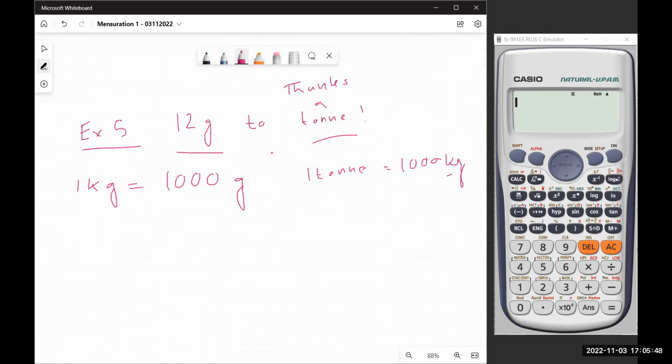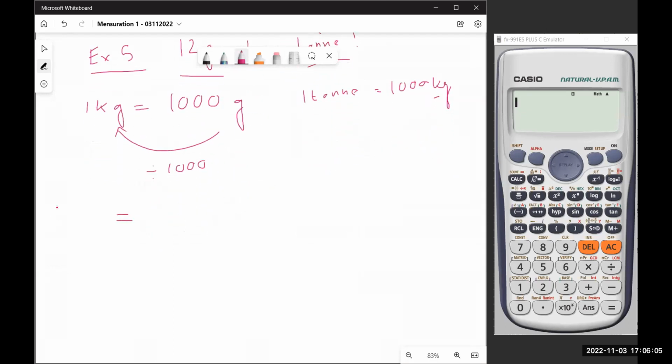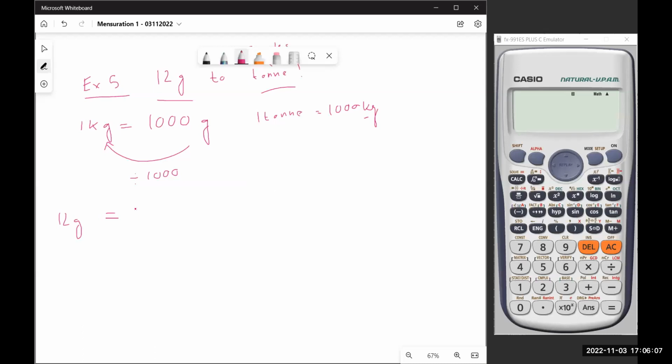Rania, do you understand? We have this rule now. So first thing is, I'll convert gram to kg. So small to big, do I multiply or divide? Divide. Divide by 1000. So now I'll just simplify this. I'll write 12 gram is equals to 12 divided by 1000 kg.